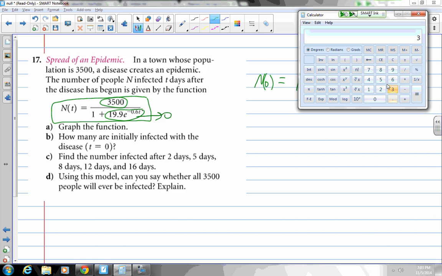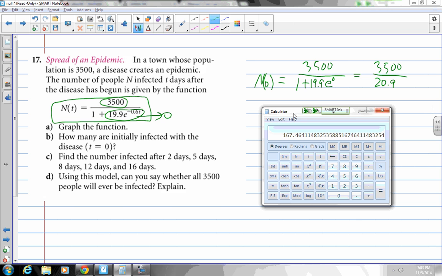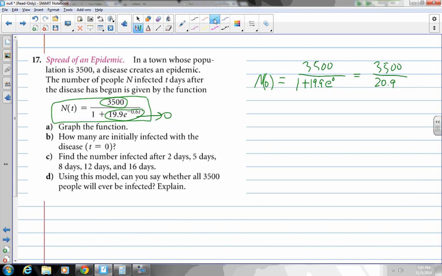And again, remember, these are models, so you're going to get decimals that don't necessarily make a whole lot of sense, but this is the best way we can predict what's happening. So about 167, and that's what we saw on that graph, where the intercept was. It was somewhere around that region. So that's what we start with.